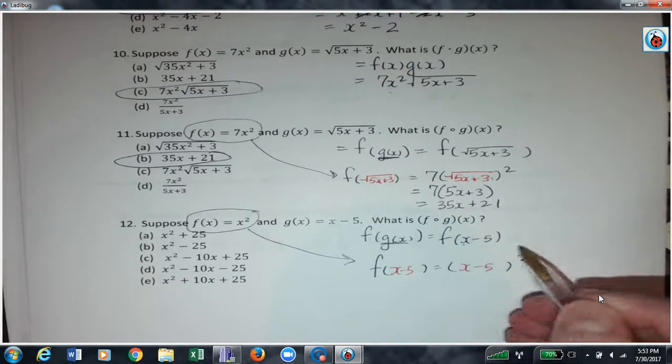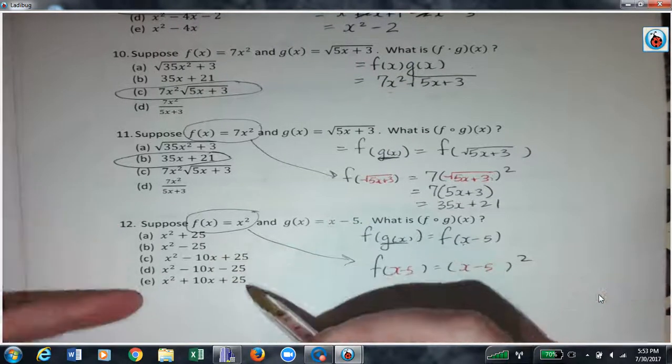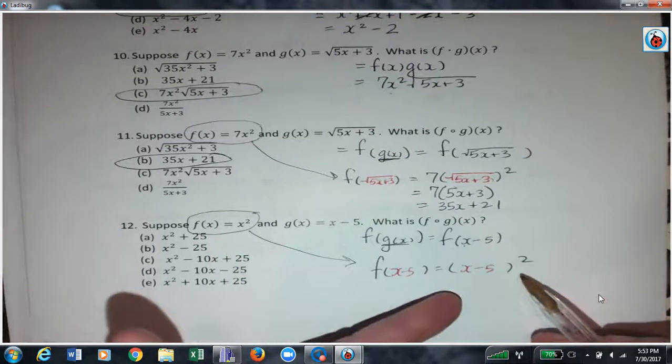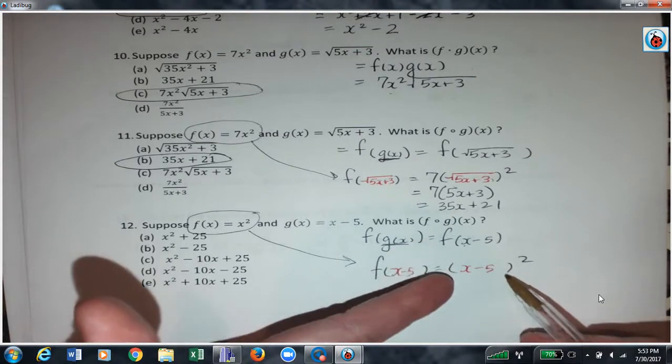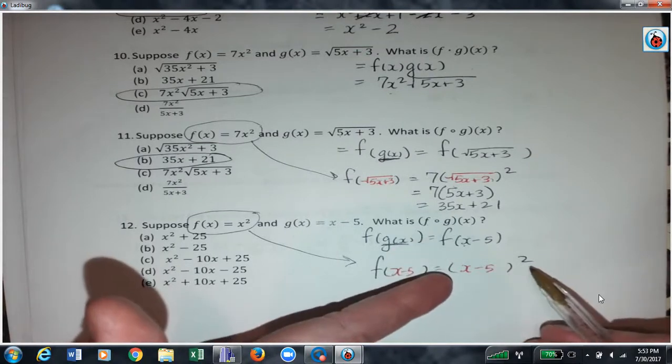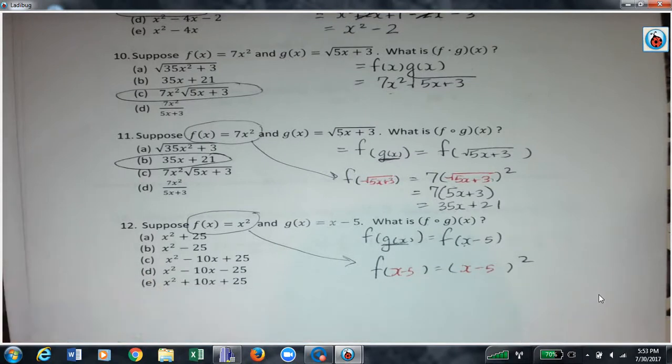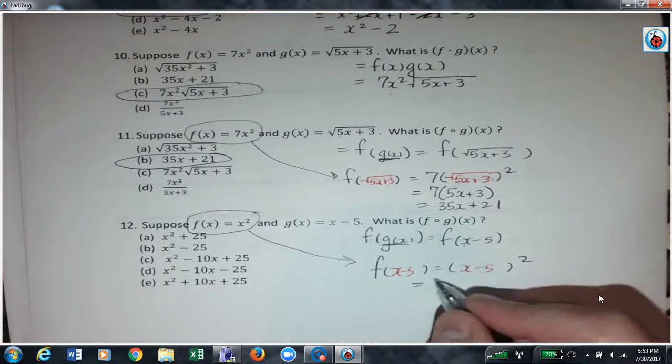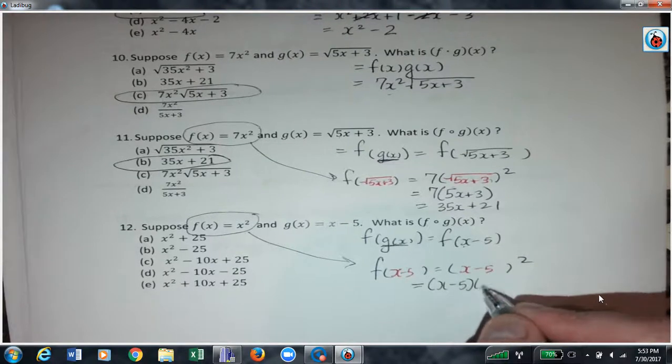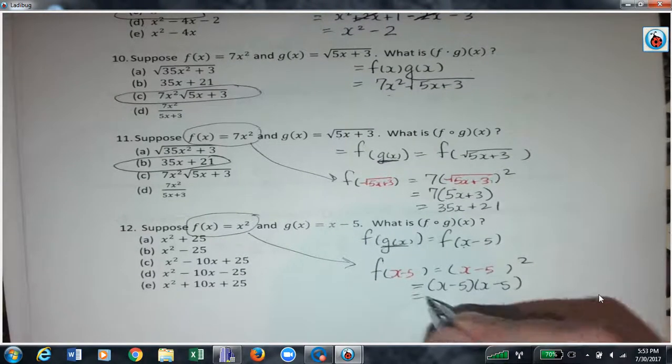This is a correct answer, but none of the selections look like that, so I have to write it correctly without parentheses. X minus 5 in parentheses, all squared, is not x squared minus 5 squared. It is, so this is from Math 100, x minus 5 times x minus 5, then we have to FOIL.